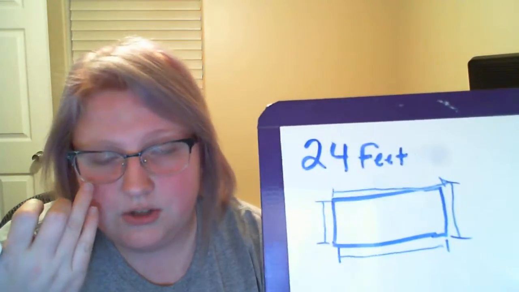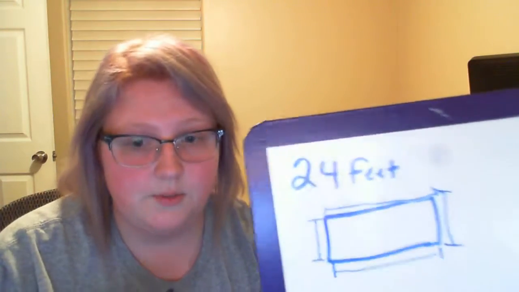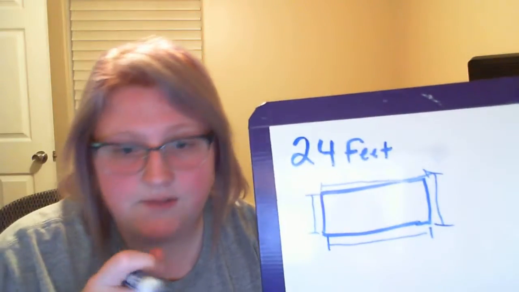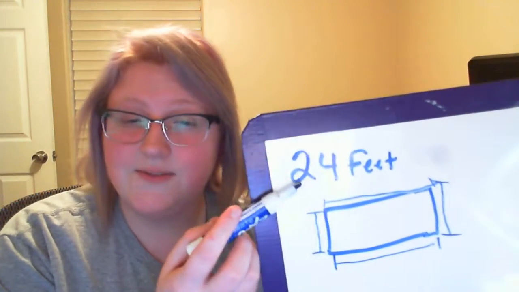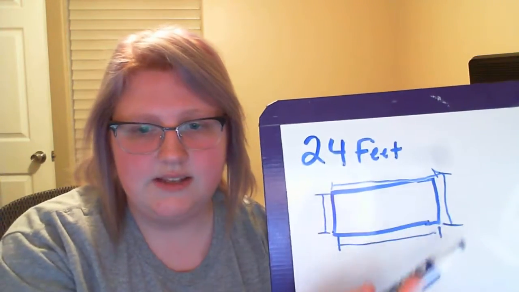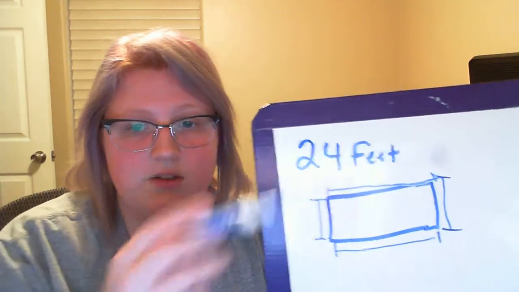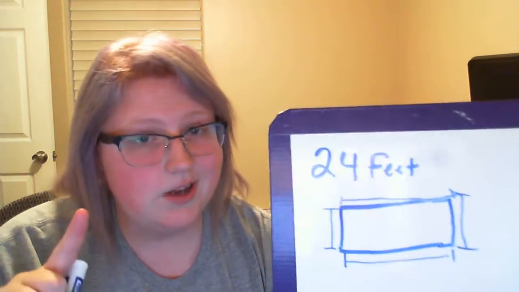But they probably should. That way the chickens have as much room as possible. So I want you to think for just a second, if you only have 24 feet of fence and you're going to make a rectangle, how long would all of these sides have to be to use all 24 feet? There's not just one way to do it. There's a couple of ways.